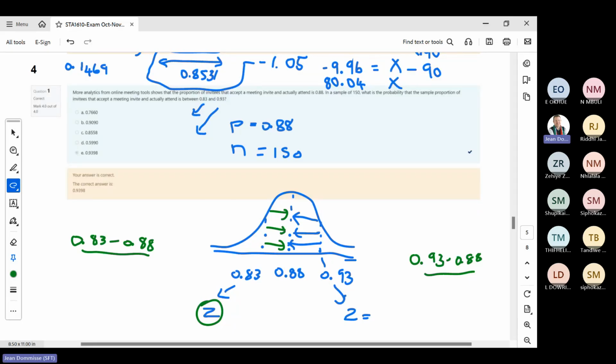And remember, for each Z, you will need to get a probability. So don't subtract the Z's and then get a probability for that. You need to work out the probability for the one Z and work out the probability for the other Z. Okay, so that's how you would manage this question around the proportions.